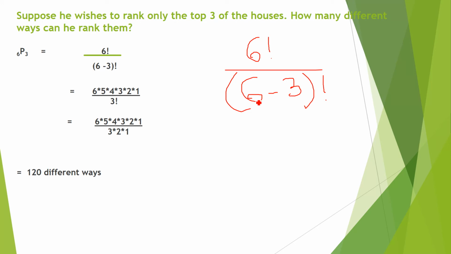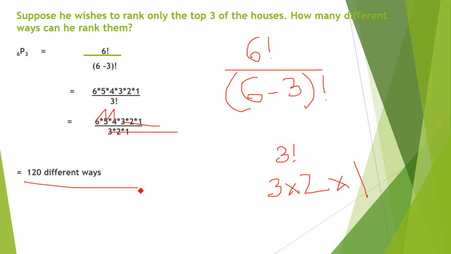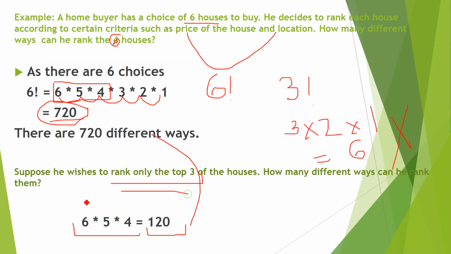In the denominator we have 6 minus 3, 3 factorial, which will be equal to 3 multiplied by 2 multiplied by 1. So I have mentioned the same thing here, 3 factorial, 3 to 1. So this 3 to 1 in the numerator and denominator will cancel out. If we multiply 6, 5, 4, 6 times 5 is 30, 30 times 4 is 120, 120 different ways he can select the top 3 houses. Same thing we have calculated here without the formula.